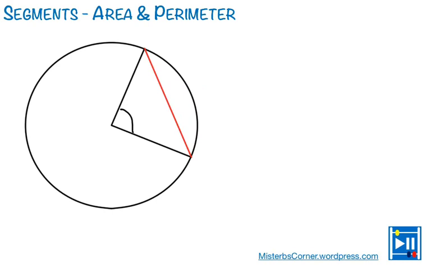Let's say you're given an angle theta and r is for the radius, and we'd like to calculate the perimeter of this segment. Now, for the perimeter we need the arc length, right? And then we also need the length of this side.